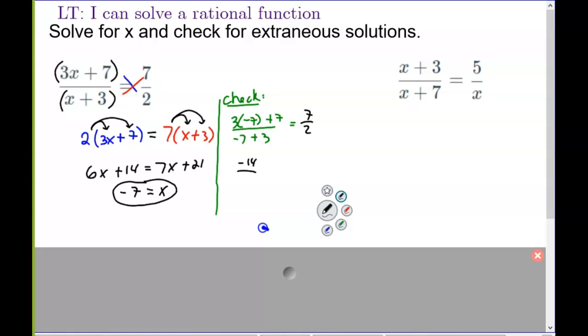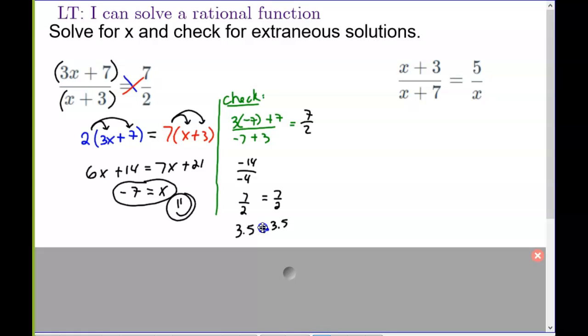Negative 7 plus 3 is negative 4. Negative divided by negative, and reduce by 2, and I end up with 7 halves equals 7 halves. If you typed it all in your calculator, you would have got 3.5 equals 3.5. But either way, that checks out, and it tells us we have an actual solution.